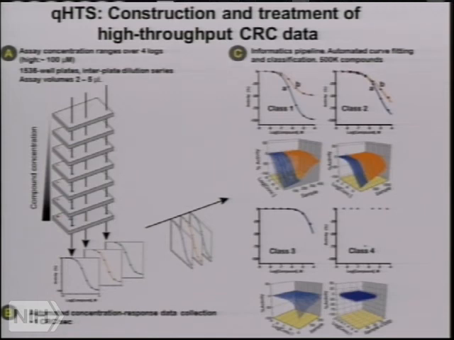In a terminal situation, we can just screen one concentration, just picking that particular plate, whereas if the dilution series was within the plate, we would be stuck with having to test the entire dilution series every time we run a screen. We developed an informatics platform to classify the different types of responses. We can look at shallow curves.